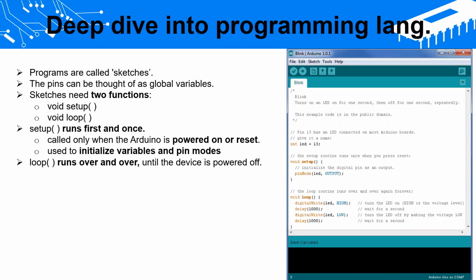It first runs the setup once, then comes to the loop and executes all the instructions. When it reaches the end, it starts again. It will run forever unless we reset or power off the Arduino.